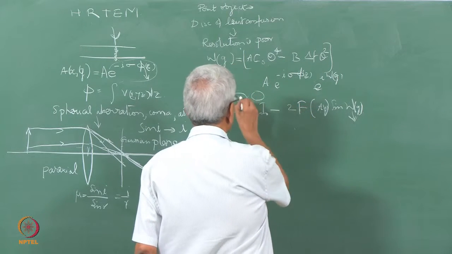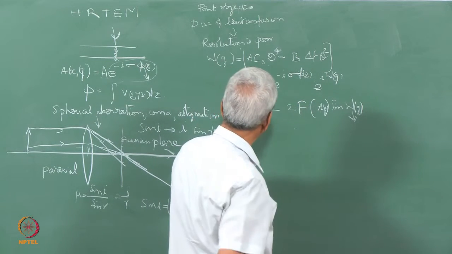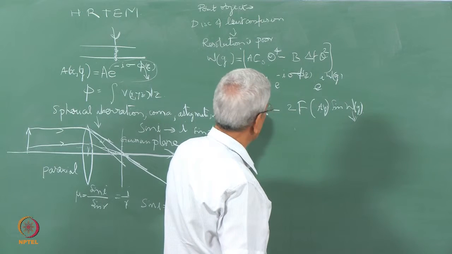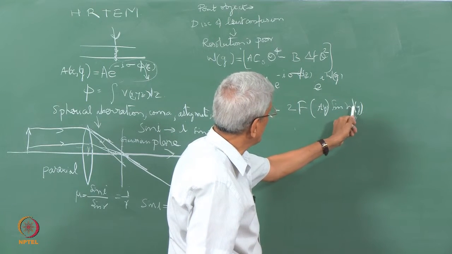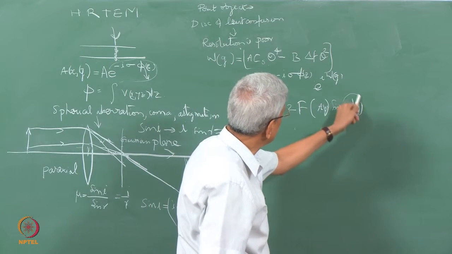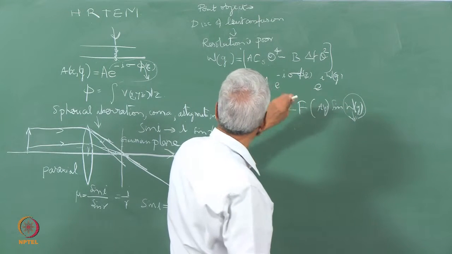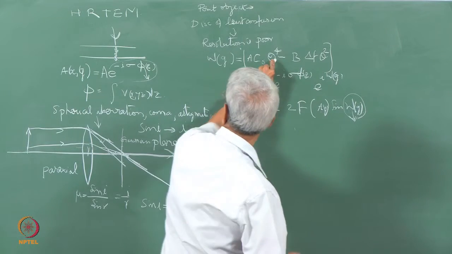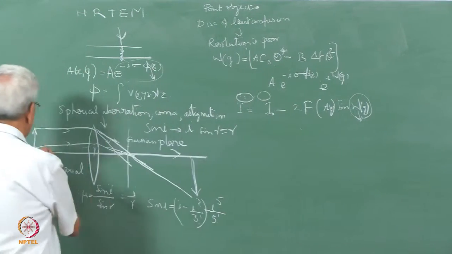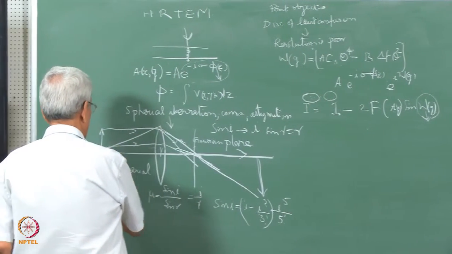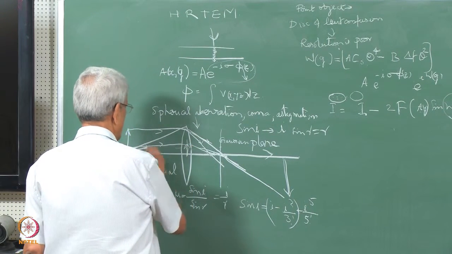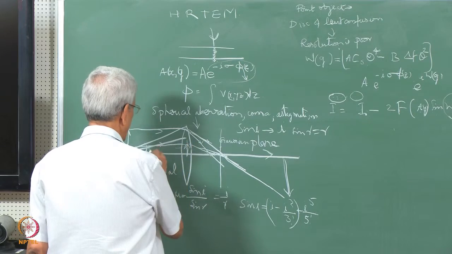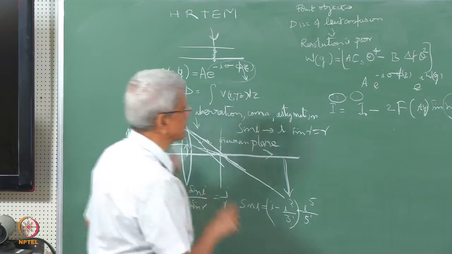Then, when you observe such a contrast, we can see that it depends on this value of theta. What is this value of theta? Theta is the angle which the diffracted or scattered beam submits when it reaches the lens. So, it all depends upon that.